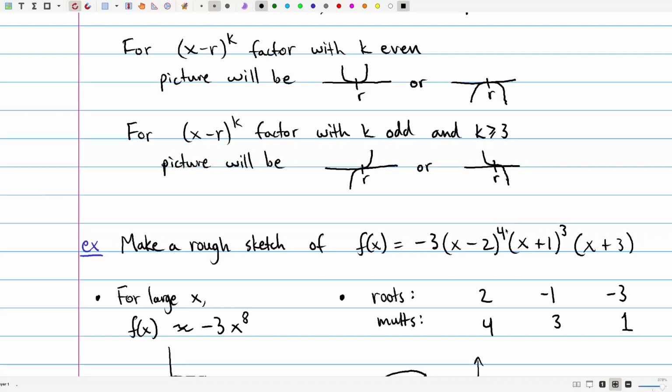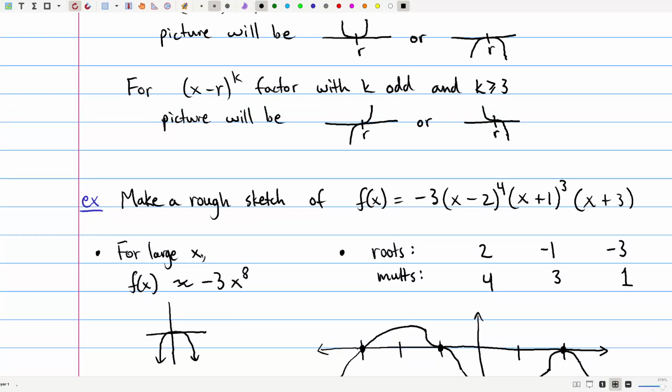If you put that together, you get x to the 4, x to the 3, x to the 1. 4 plus 3 plus 1 is 8. And so -3x to the 8 is the leading term. That means for large x, our function is going to look like x to the 8, but multiplied by -3. So it's going to be an upside down x to the 8 function.